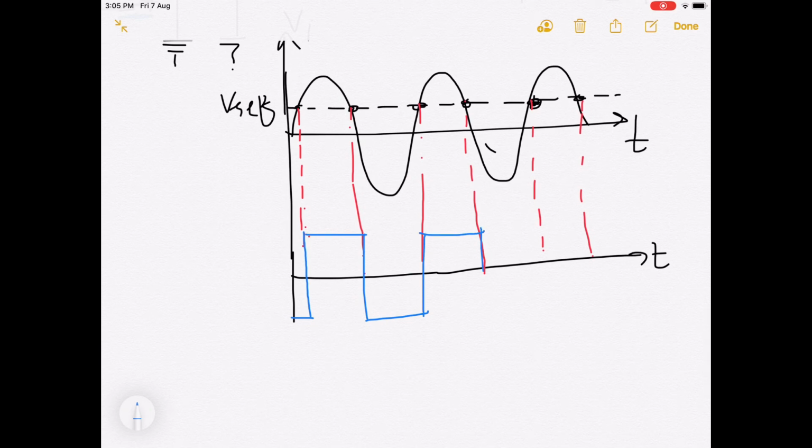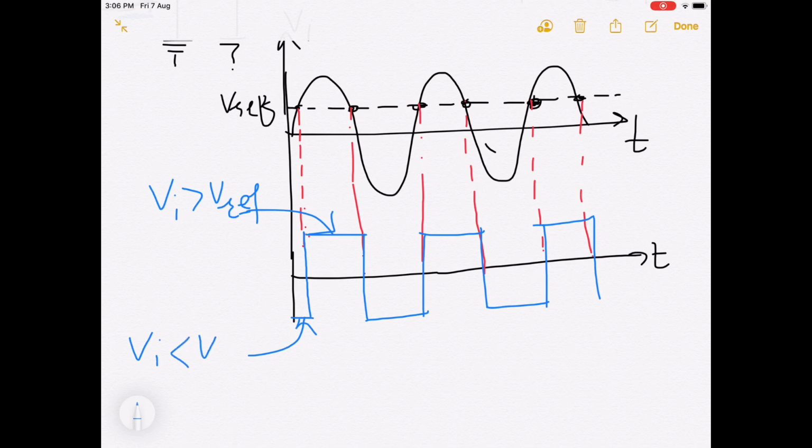These are the waveforms here. See this. In the exam there may be a question on this comparator. In that you have to draw the circuit diagram and explain this waveform. Here you can say that when Vi is greater than V reference, and here when Vi is less than V reference, the comparison takes place and the output switches between plus Vsat and minus Vsat.